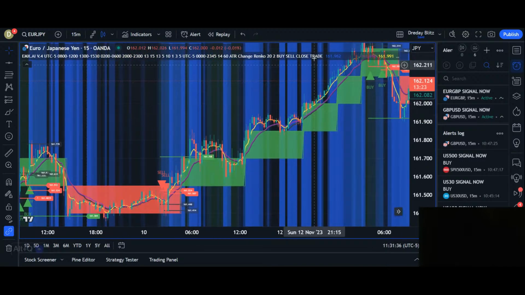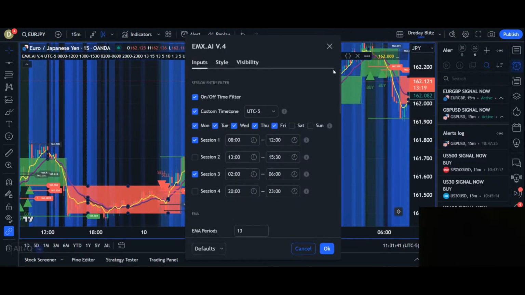So Euro JPY, the only modification that you need to make for the signal is that the Euro JPY will usually trade and move in the Asian session and the London session. Right now my settings, as you can see, I have on the New York session, which is 8 a.m. till 12 for my time zone.